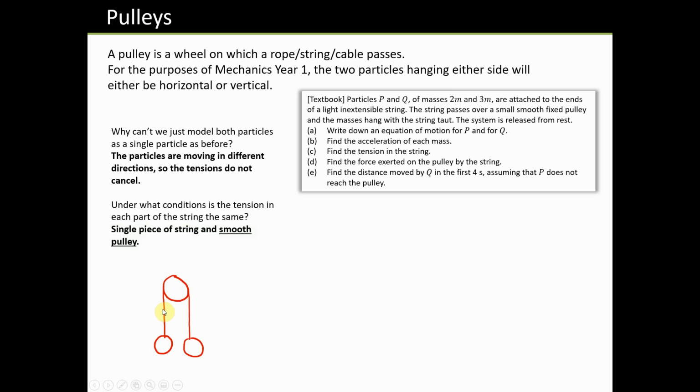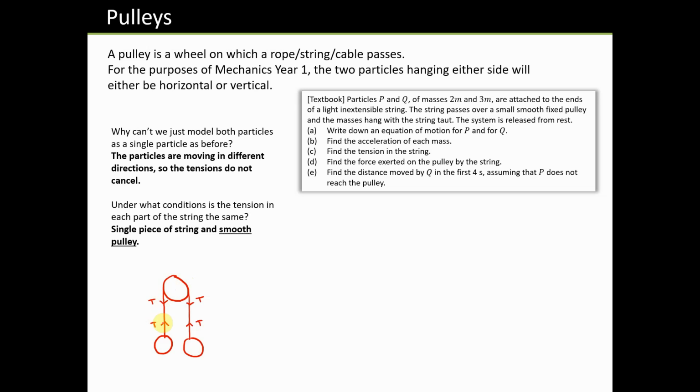But we do know that the tension on either side of the model, so we will have tension pushing up from the object and pulling down from the pulley. Tensions always seem to point in towards each other. These tensions are all the same, and we know that under the criteria that this is a single piece of string and it's a smooth pulley.